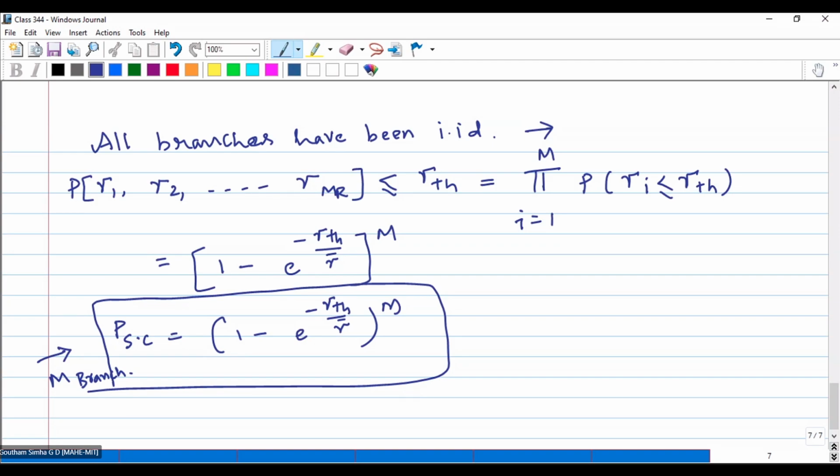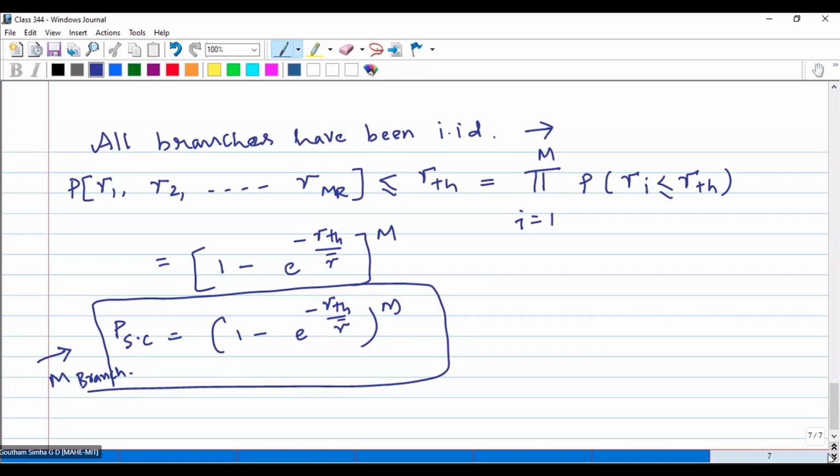Because probability of gamma 1, gamma 2, gamma 3 up to gamma MR is less than gamma threshold can be written as i equal to 1 to MR, probability of gamma i less than gamma threshold. It is finally written as 1 minus e to the power of minus gamma threshold by gamma bar whole to the power of M, because you have M branch diversity. Now, what is the probability of coverage then?